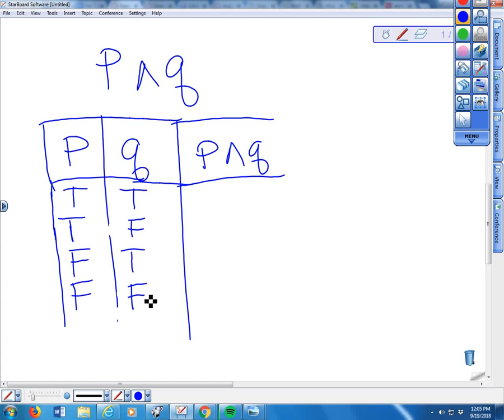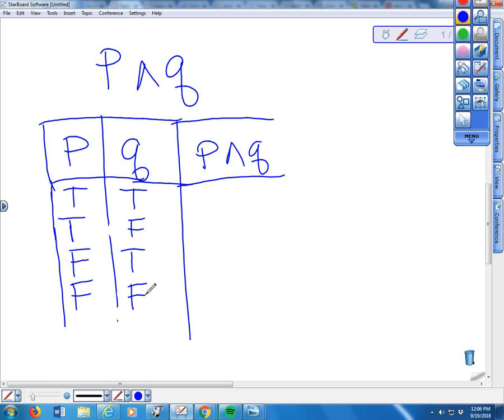So this is saying P is true. This is saying Q is true. This is saying P is true, Q is false. P is false, Q is true. P is false, Q is false. Okay? When you're dealing with AND, for P and Q to be true, both P and Q must be true.